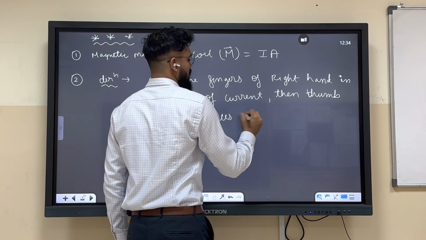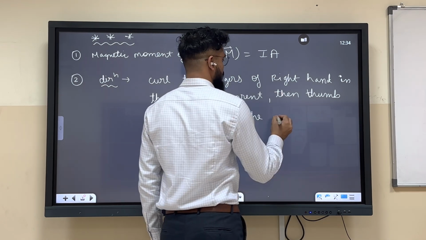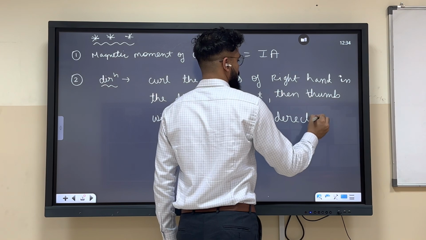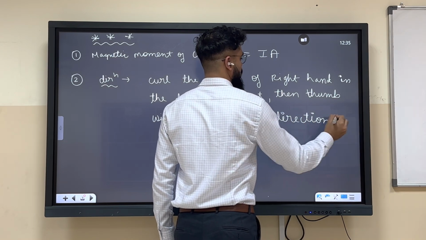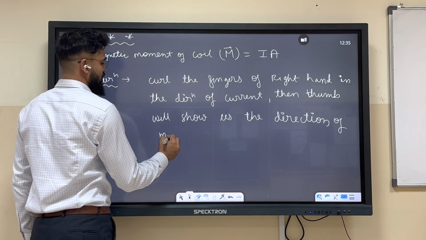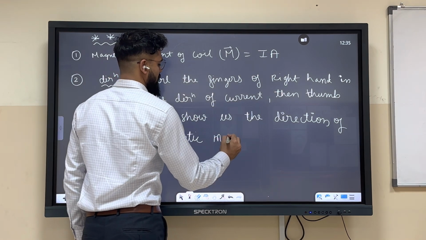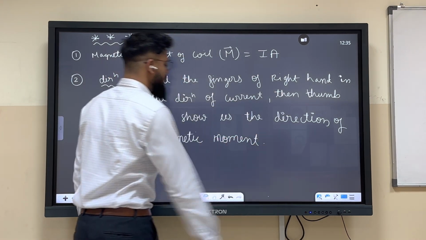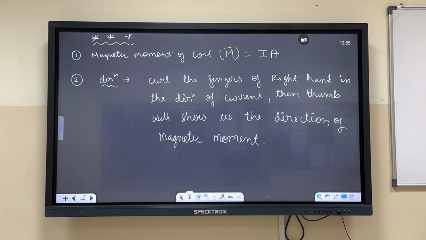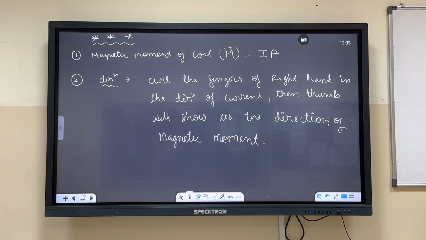Then thumb will show us the direction of magnetic moment. Okay, is it clear? So to calculate its direction, curl the fingers of right hand in the direction of current, then thumb will show us the direction of magnetic moment.